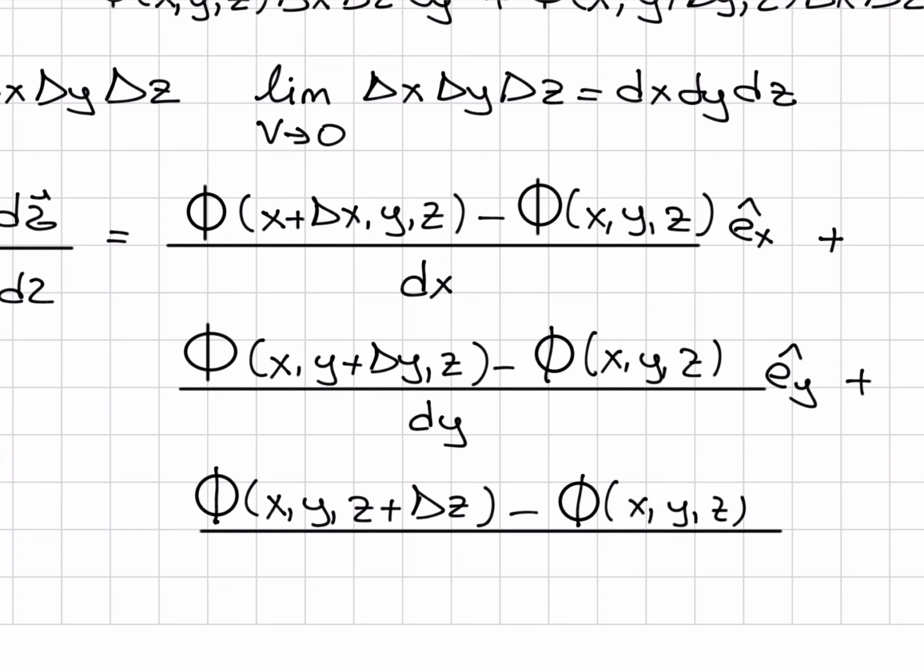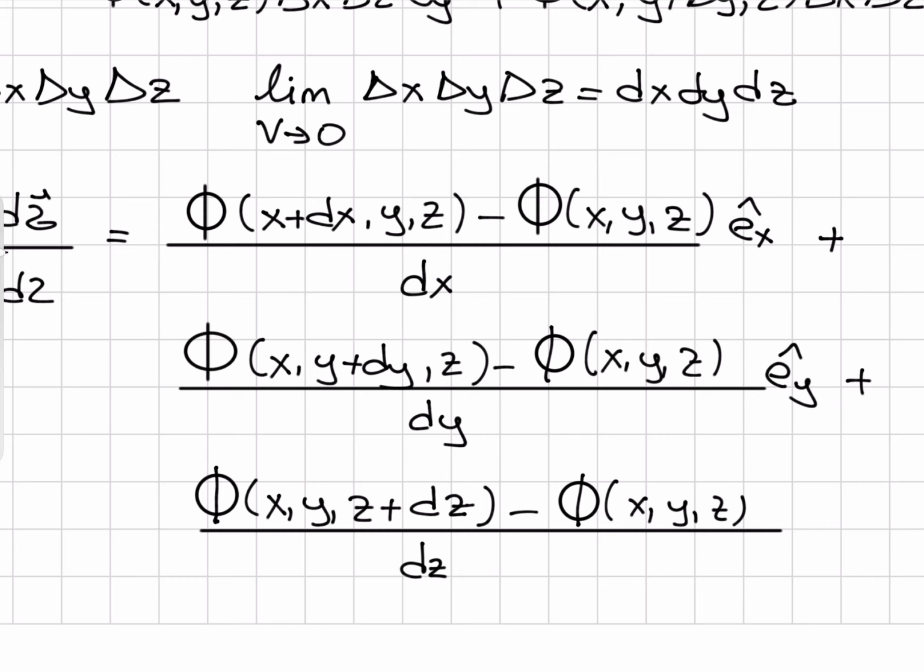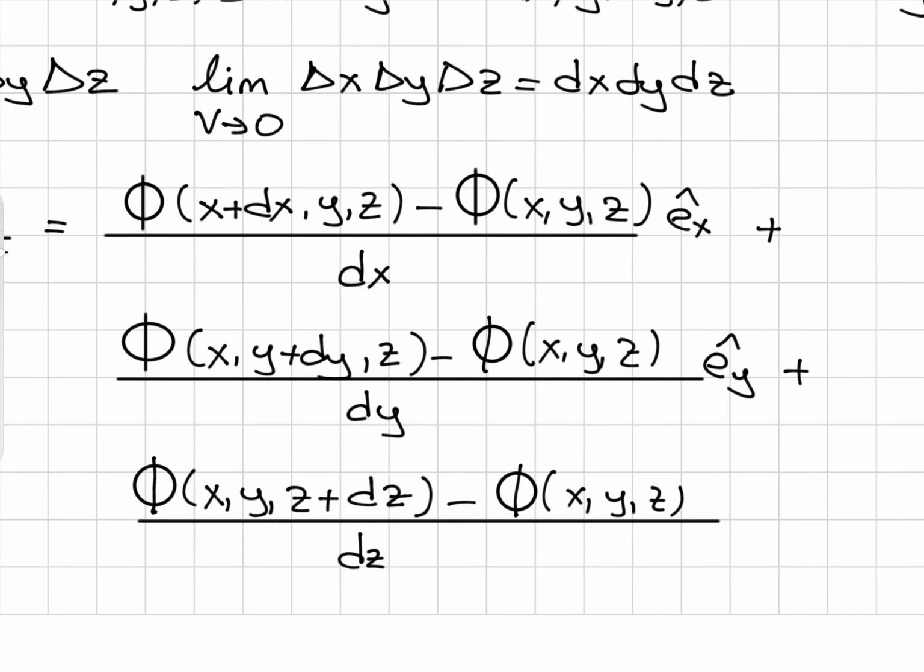Now remember that I have taken the limit as v goes to 0, so this becomes dx, this becomes dy, and this becomes dz. So these are infinitesimal lengths divided by dz in ez hat direction.